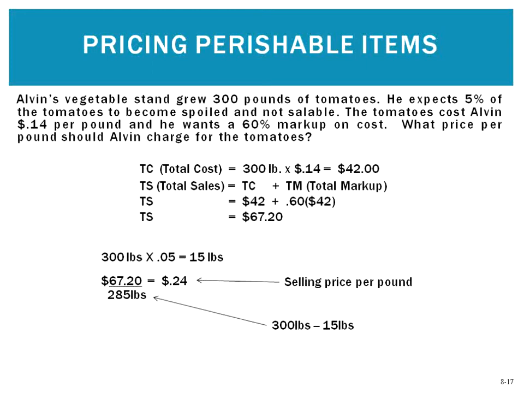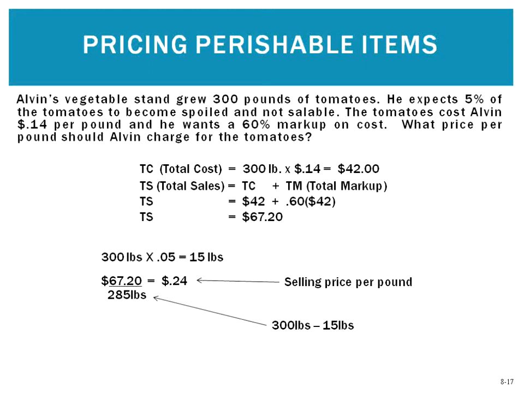All right. So he expects 5% to go bad, and we're not going to sell it. So he wants the same $67 from 95% of the tomatoes because he knows he won't be able to sell 100% of the tomatoes. Okay, 5% of 300 is 15 pounds. So he knows he's not going to be able to sell 300 pounds, he's going to sell 285 pounds.